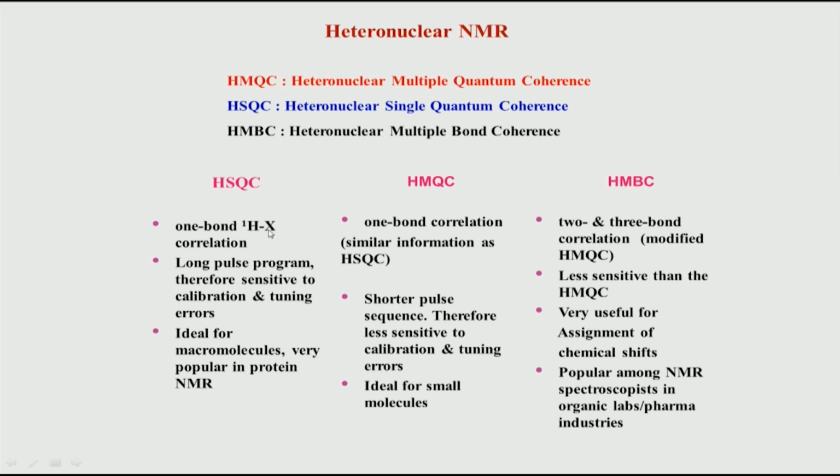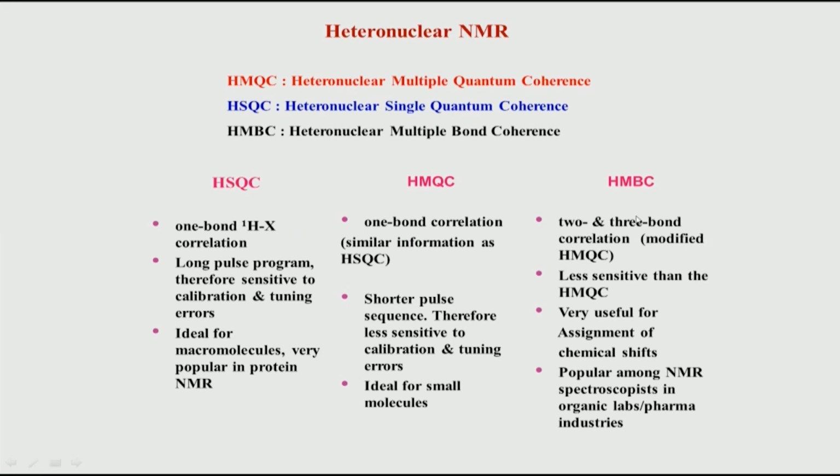Suppose I want to get information of a longer correlation, suppose I want to get carbonyl information, and carbonyl is not directly attached to a hydrogen. So, it is a little bit away, there will be at least a 2 bond or 3 bond separation between a proton and a carbonyl, and that information, that is the protons whose chemical shift is correlated to a carbonyl, is captured in this experiment.